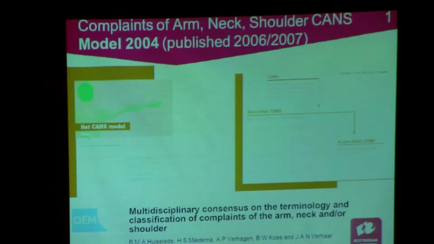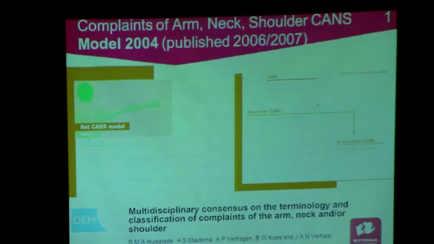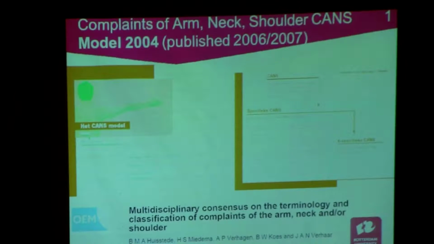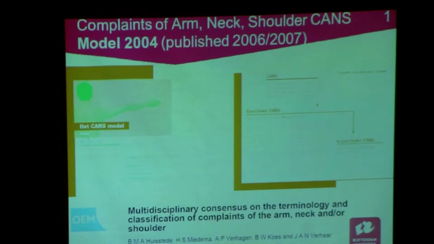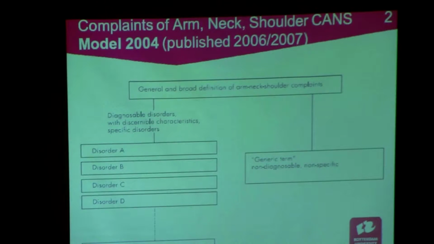And here you see the model that we came up with in the Dutch publication. It's also published in 2006 digitally online and 2007 in Occupational and Environmental Medicine. There was overall consensus to formulate a broad definition for CANS in which systemic and traumatic disorders were excluded beforehand.